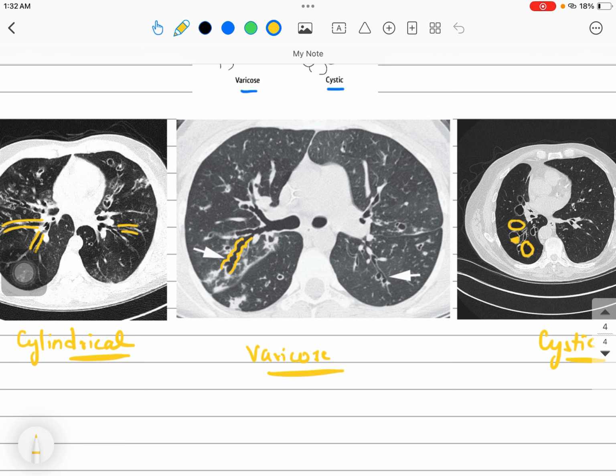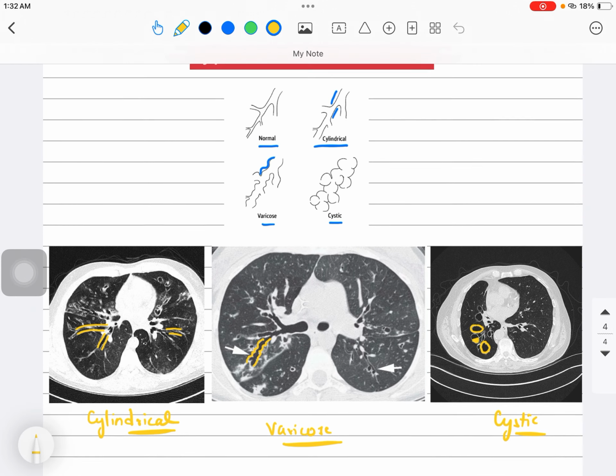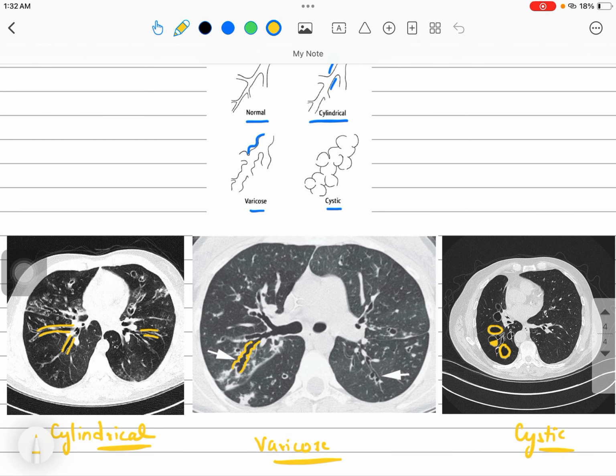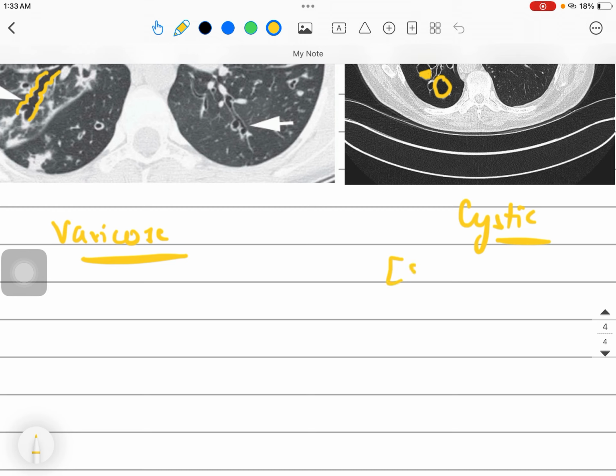But overall, bronchiectasis is the abnormal dilatation of the airways, and usually on the basis of HRCT thorax patterns, radiologically we divide them into three parts according to the Reed classification, that is cylindrical, varicose, and cystic. And cystic is also called the saccular bronchiectasis.